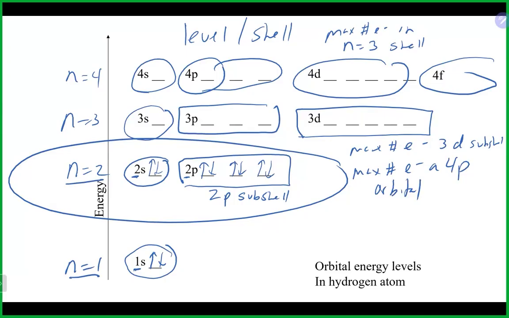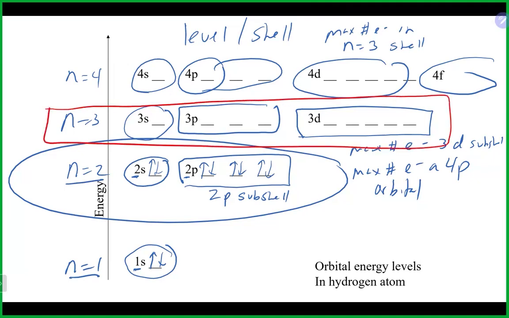Okay, let's take a look. N equals 3 shell, how many electrons? If I filled it all up, it is 18. That is everything on the third energy level. Each one could hold 2, so that is 2, 4, 6, 8, 10, 12, 14, 16, 18.